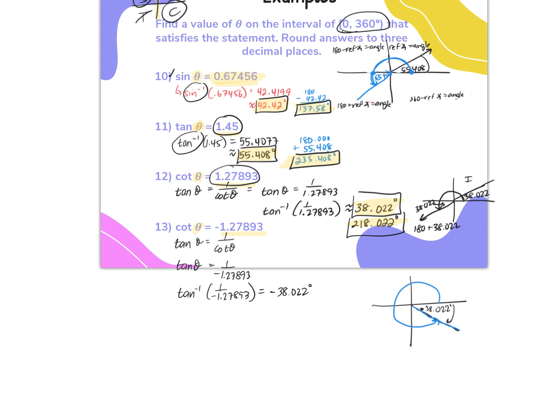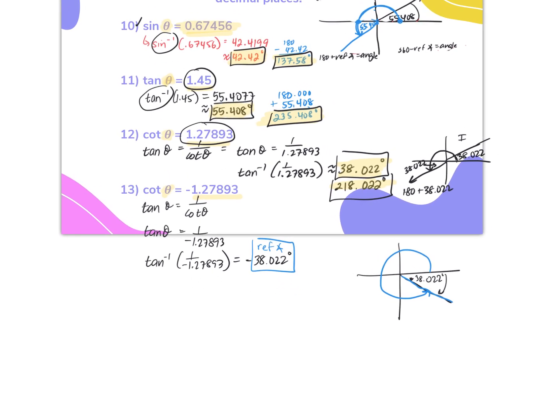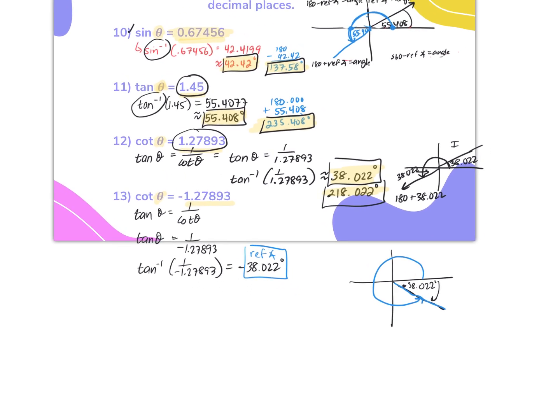What this really means is that my reference angle in this case is always just 38.022. So I just have to figure out what is the angle in quadrant 2 and 4 that works with this reference angle. So I don't really need to think of it as negative or positive. I just have to think of the reference angle as 38.022, just like it was up here.